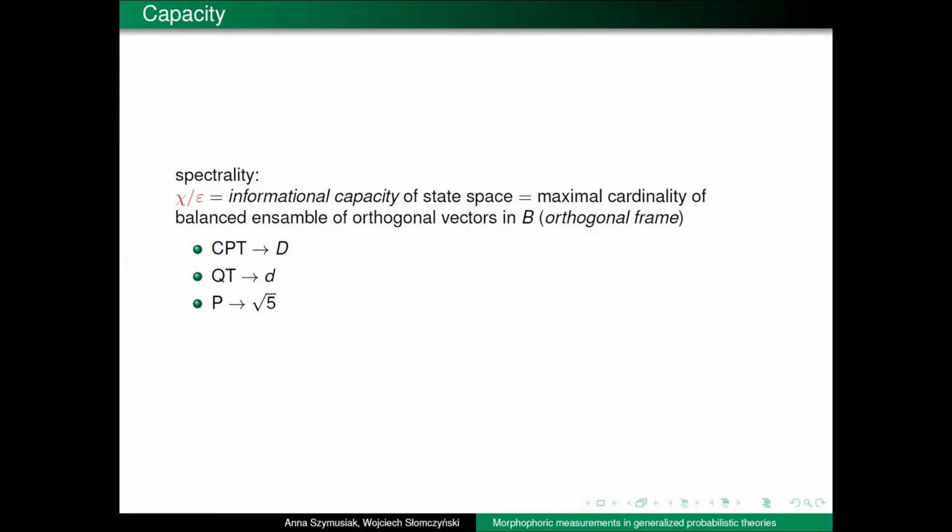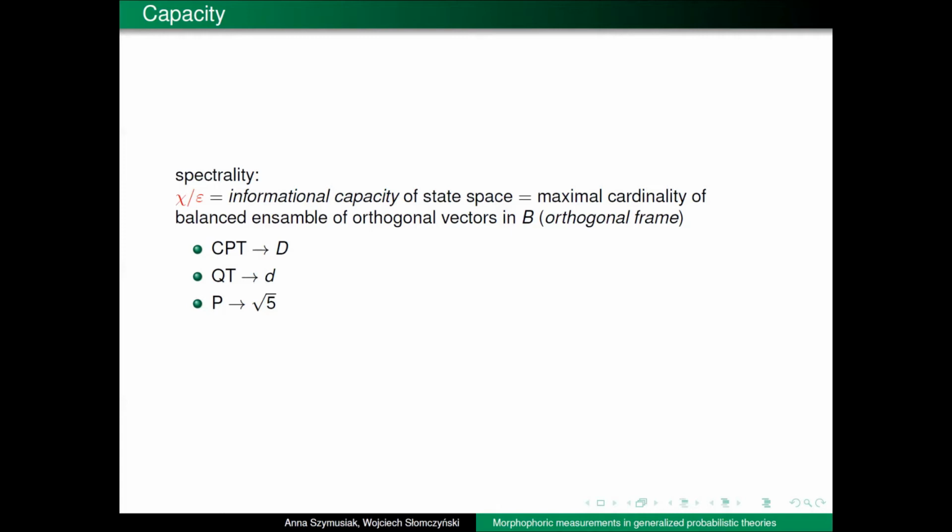Be so kind as to remind us what spectrality means. Yes, in a minute. Spectrality means that each state can be decomposed into a sum of orthogonal states. Orthogonal because we have a scalar product, an inner product in this space, so we can speak about orthogonal states.